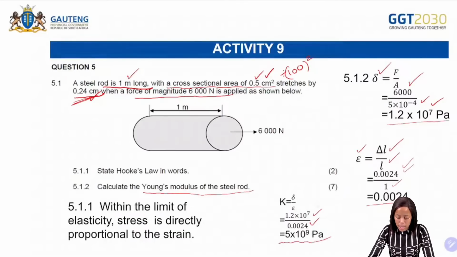The stress has the unit Pascal, but the strain has no unit, so it's Pascal divided by 1, which gives a unit of Pascal. Take note, the unit of the Young modulus will be the same as the unit of the stress.